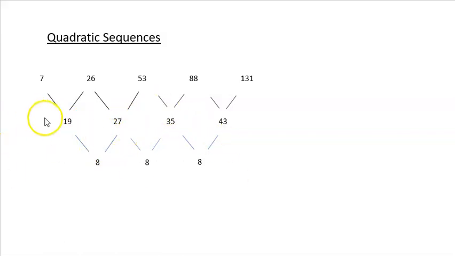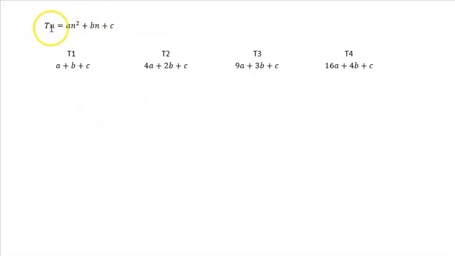Okay, so but now what do we actually do with this? Because we actually haven't been given any equation or any method to do anything with this. So what we do is that we use this equation up here. Tn equals an squared plus bn plus c. And what we do is that we substitute 1 for n to get a plus b plus c, because it's term 1, and n is what's called the number of terms.